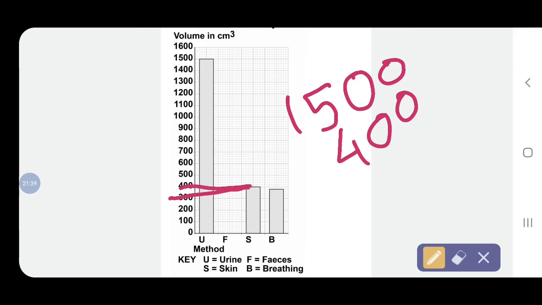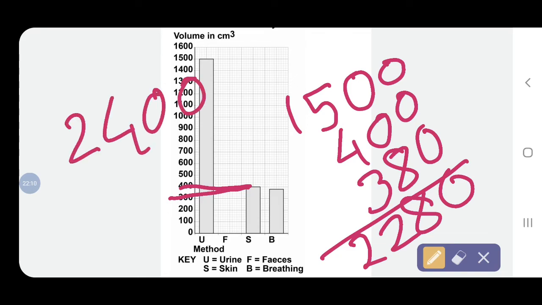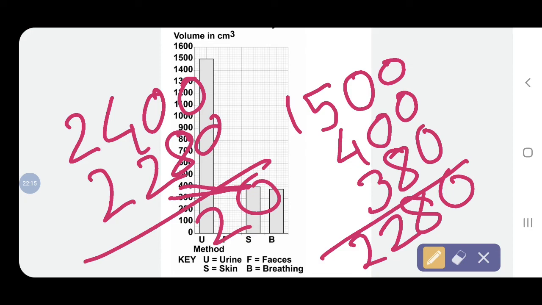All right, this is 400, so it will be 2280. So this is our answer. So we will subtract 2400 minus 2280, and here it is 120. This is our answer. All right, easy.